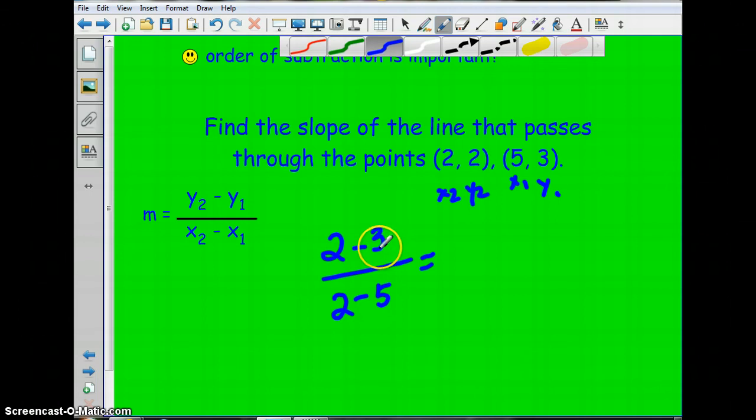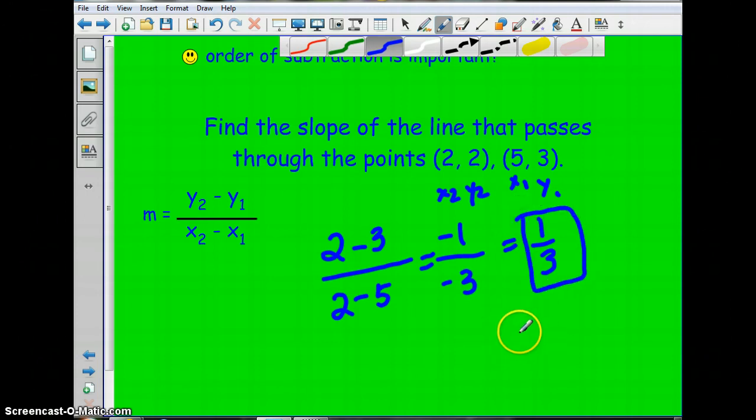So now I have 2 minus 3, which is a negative 1, and 2 minus 5, which is a negative 3. Now notice we have a negative over a negative, so that becomes a positive. So my slope is a positive 1 over 3. So since this is rise over run, and I'm kind of getting ahead of myself for why we're going to use this, this means I'm going up 1, because this is a positive 1, and to the right 3, because it's a positive 3. Rise over run. Pause at any time to write this down.